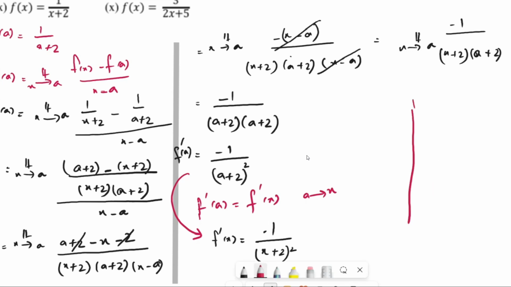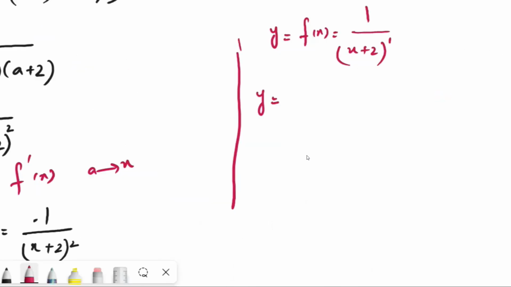Now let's do the same ninth part by using the formula. X plus 2 is in the denominator, so its power is 1. When we move it to the numerator, then its power becomes negative 1. You know that.